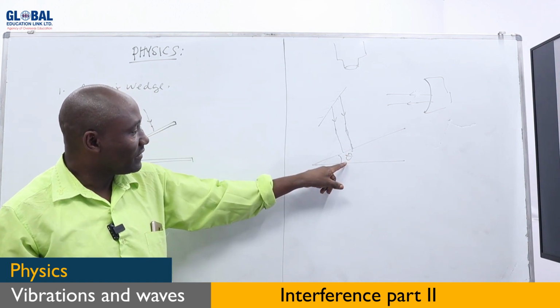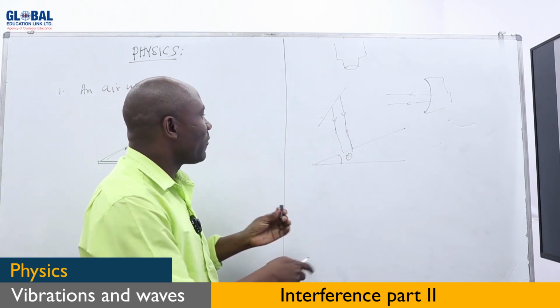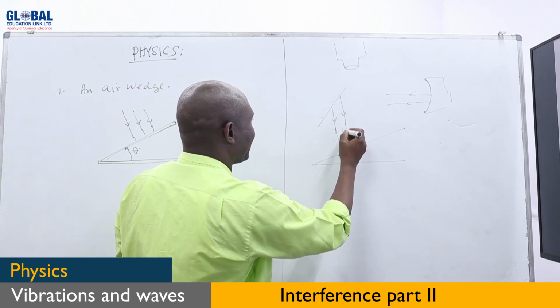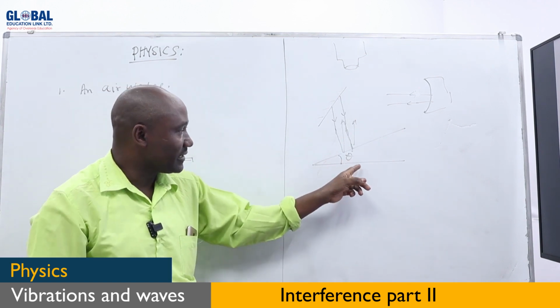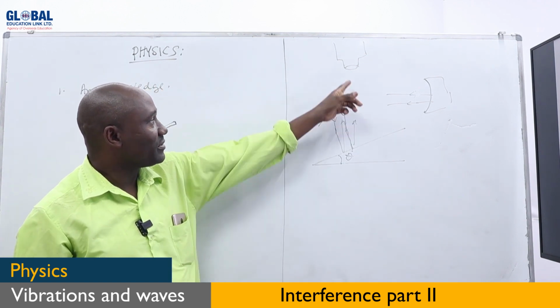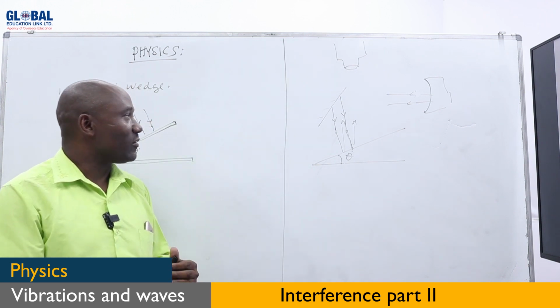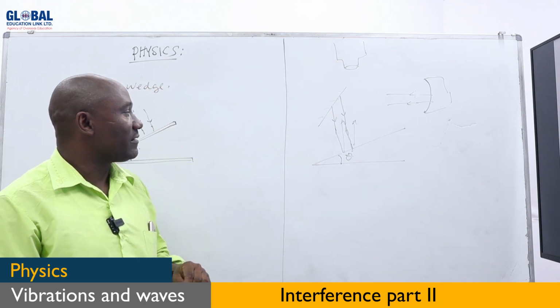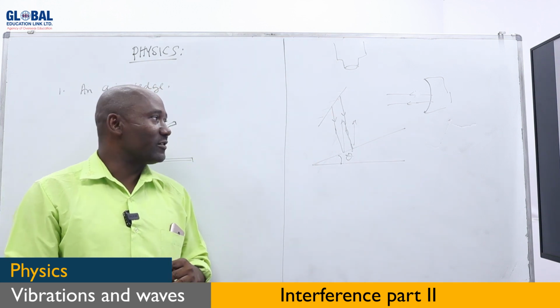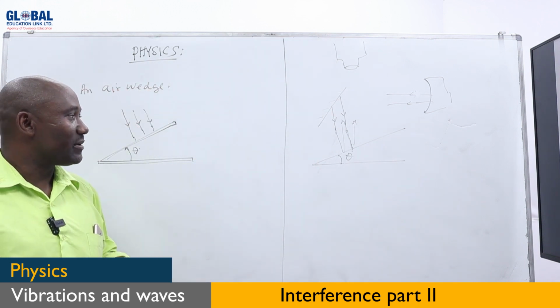And some of the rays will be reflected from the second plate. They will meet in air, forming two parallel beams, which are reflected from the two plates, and they will be observed in the microscope. From there you can have the formation of the fringes of the image, as we saw in Young's double slit experiment.